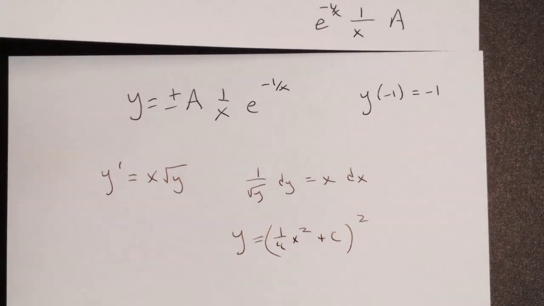But notice that if you put y equals 0 into the original equation, it works. That's a singular solution. It's not going to come out of what we get here. There's no way to change that c to make this whole thing equal to 0. But y equals 0 is a possible solution here.